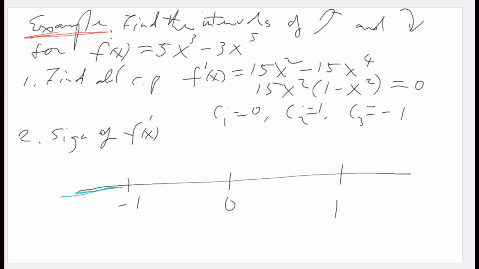Remember, you plug in f prime. Here's our f prime. Negative 10 plug in. Well, you can use your calculator. It's going to be negative.